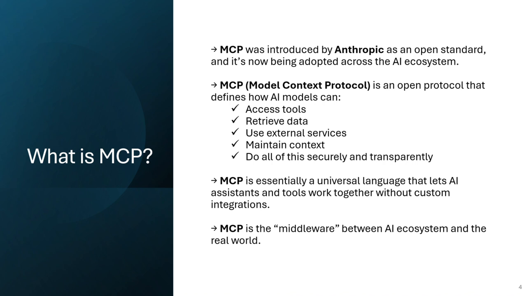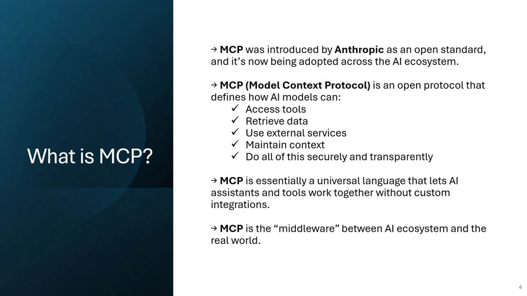So now that you understand how MCP helps us, let's understand how MCP was introduced. Anthropic first came up with this idea to have a common or open standard for everybody to access and adopt. And in today's AI world, everybody is following it and has adopted this concept of MCP. The Model Context Protocol is an open protocol that defines how AI models can access tools, retrieve data from various sources, use different external services, and also maintain context.